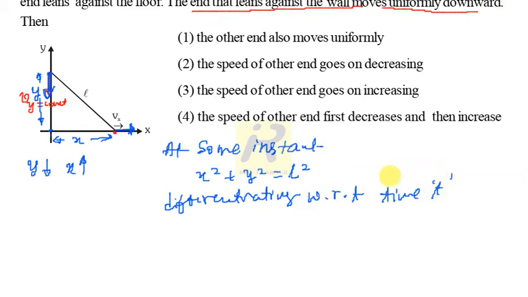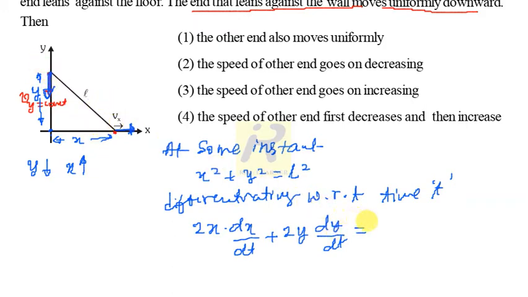Then I get 2x into dx by dt plus 2y into dy by dt equals, so this L is nothing but the length, this hypotenuse, which is constant for this stick.